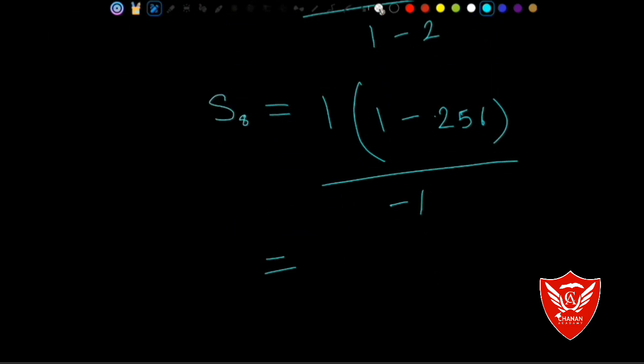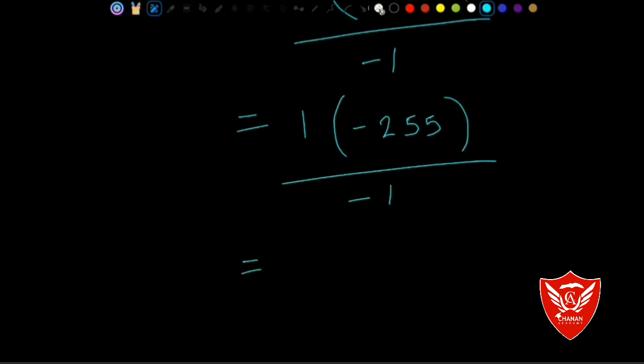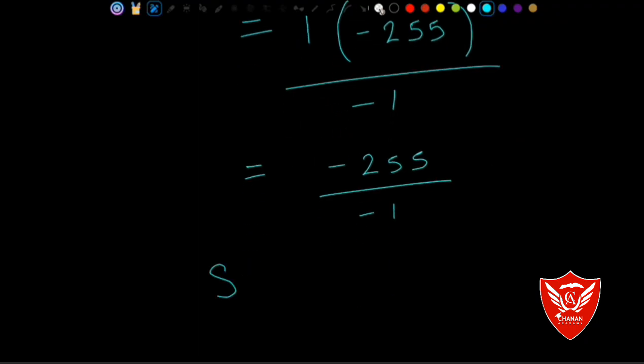So this is equal to 1 in brackets, 1 minus 256, which is minus 255, all over minus 1. Therefore, the sum of the first 8 terms is equal to 255, because the negative cancels out the negative. So this is our answer.